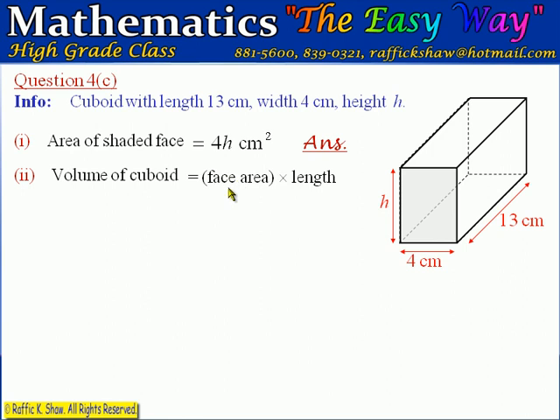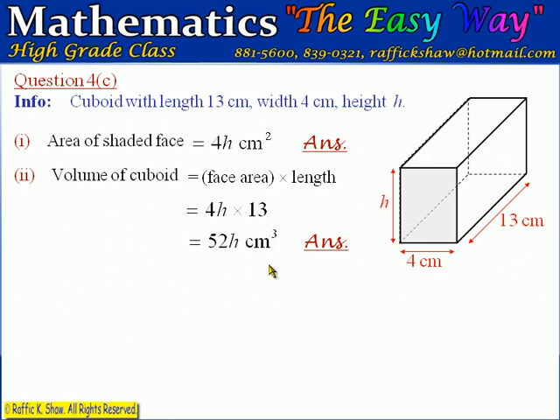We already calculated the face area to be 4h. And so the volume of the cuboid is 4h multiplied by 13, and that works out to 52h centimeters cubed. 4 times 13 is 52, times h. So it's 52h centimeters cubed.